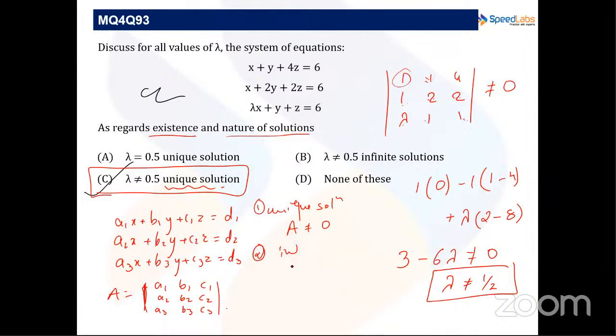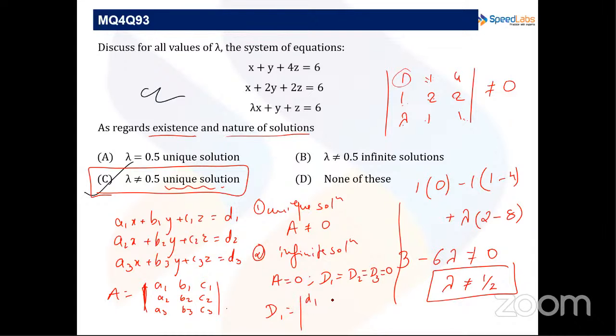For infinite solutions, the determinant can be equals to 0 and D1, D2, D3 should also equal 0. D1, D2, D3 come from Cramer's rule. So D1 will be obtained by replacing the coefficients of x by d1, d2, d3.